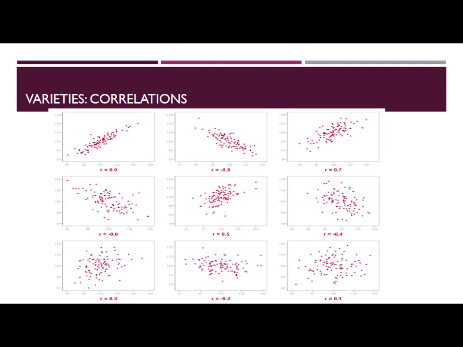Now, take a look at these. I did this on purpose so that you'd get a feel of what these particular numbers mean. If you take a look at the top left example, you see that you have a scatter plot with the little plots, and below it you have a number. You have an R value that is 0.9. Do you notice that just like on the ice cream sales, the plots are starting to move in a direction?